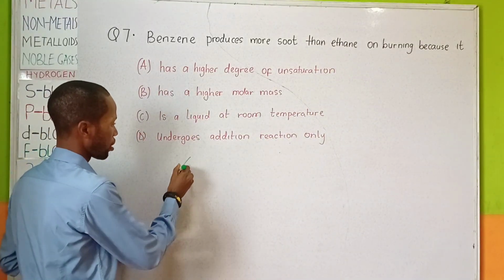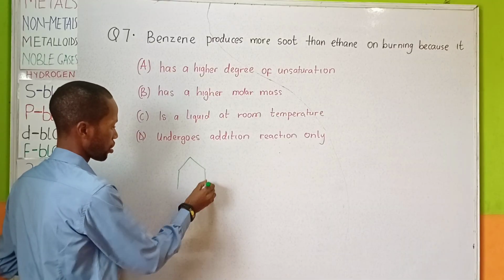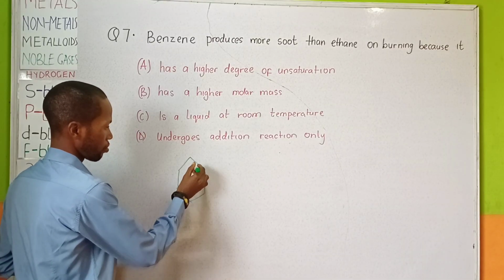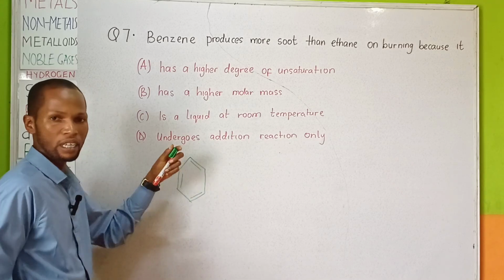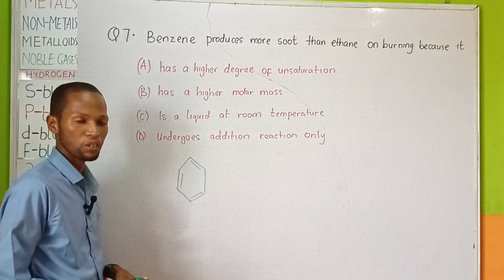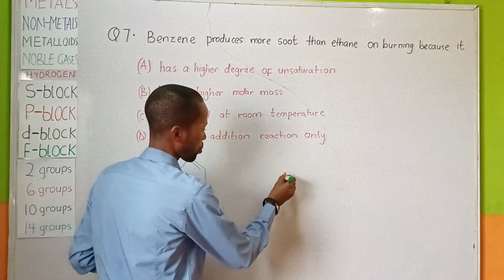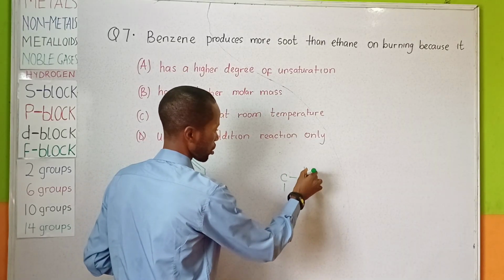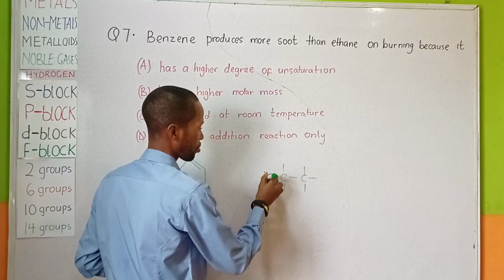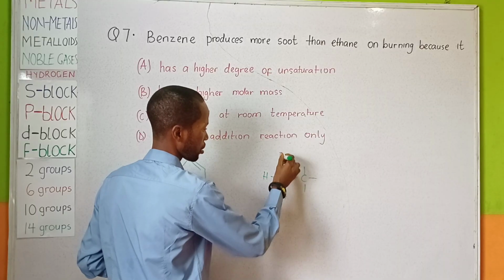We have the benzene, which has alternating double, single, double bond in its cyclohexane structure. And we have ethane with 2 carbons saturated with hydrogens.